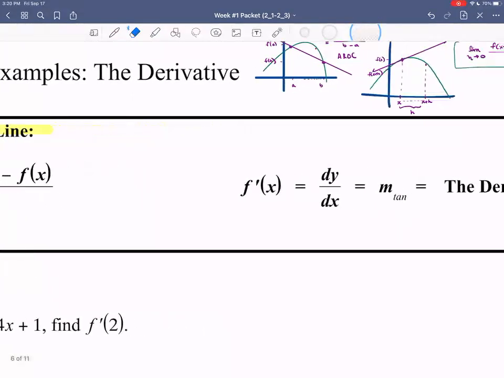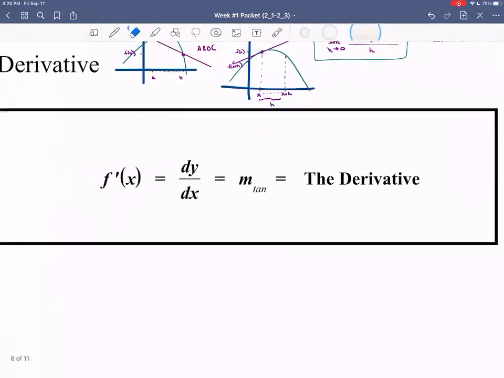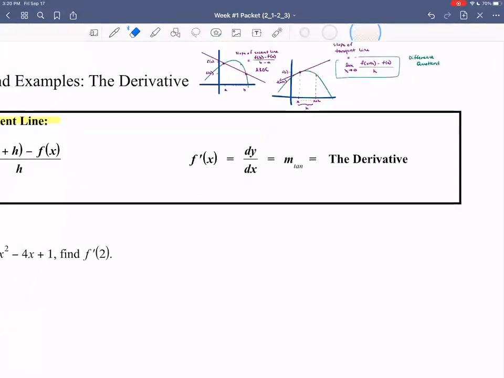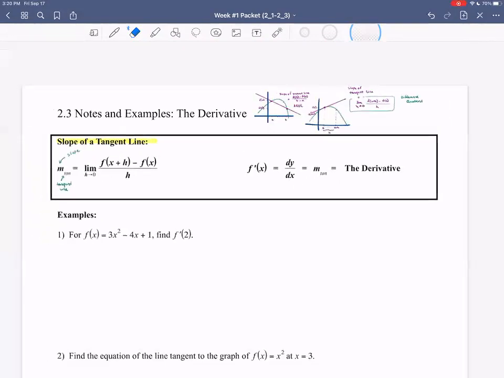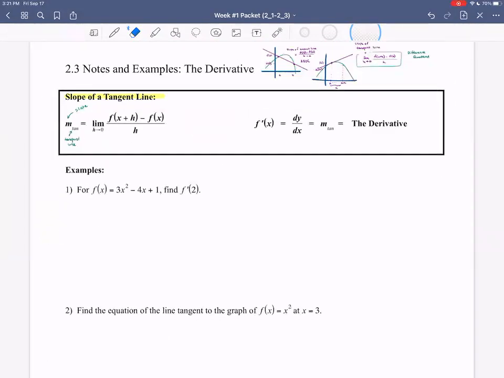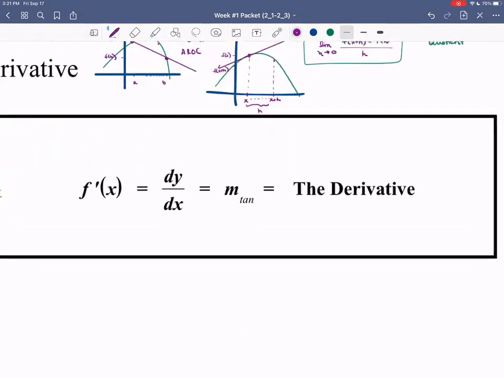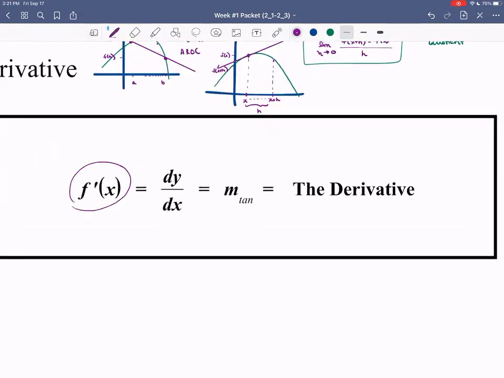Further in this box, we see a bit more notation. We have four different things that are all equal to each other, and in fact they're all equal to this limit as well. So we should have a big equal sign in between these. This just emphasizes different notation and ways of saying the slope of the tangent line. Let's go through these in detail. Here we have function notation f with an apostrophe of x.